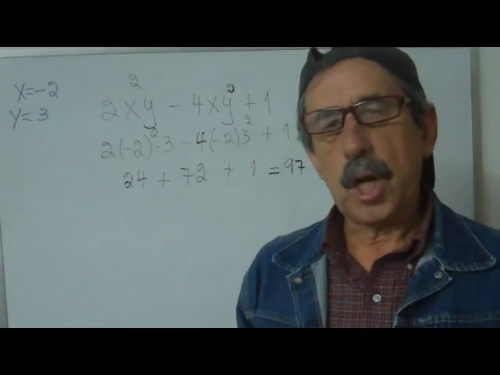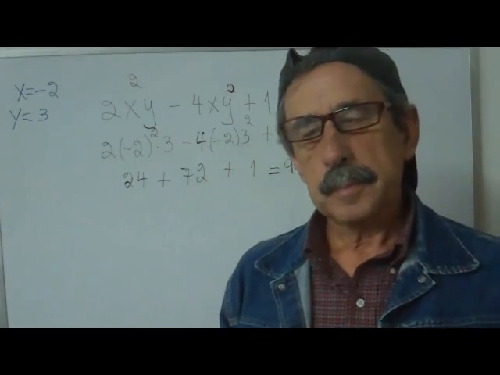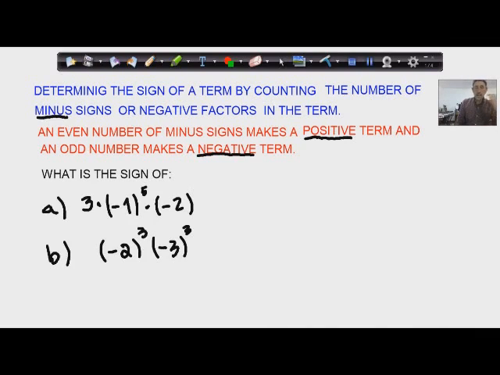Let's practice with a couple of examples. When evaluating a polynomial, it's very important to determine the proper sign of each term. And we can do that by just counting the number of minus signs, because positive signs do not count.